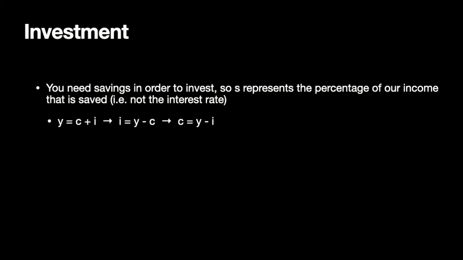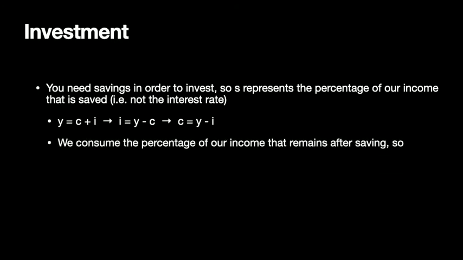We can rearrange this equation to show that what we invest is our income left over after we consume, or we can say consumption is what we get after we've invested our output. So we consume a percentage of our income that remains after saving. So we can say that if we save 20% of our income, then we must consume 80%. That's 1 minus 0.2, which is 80% of our income.